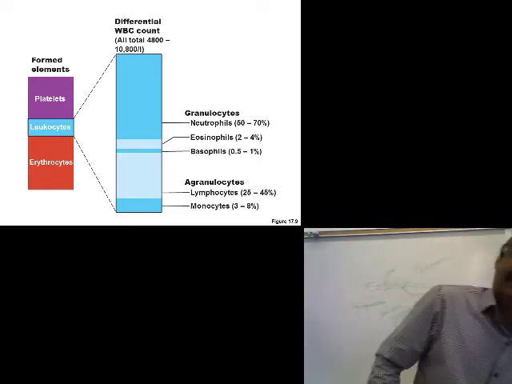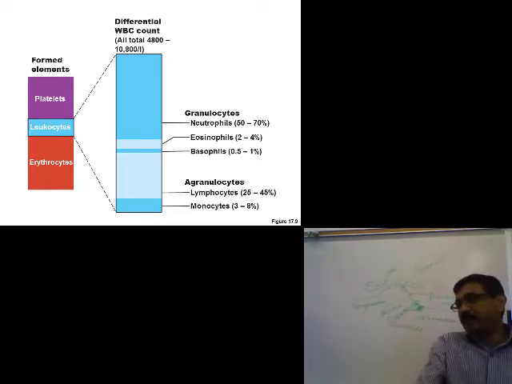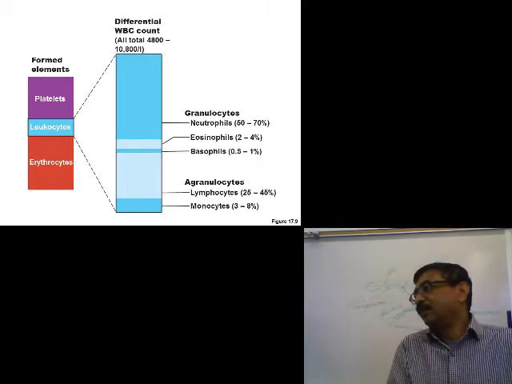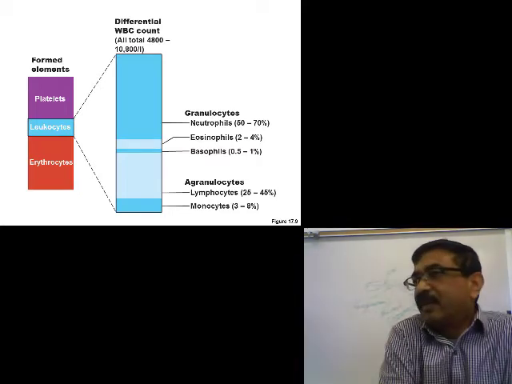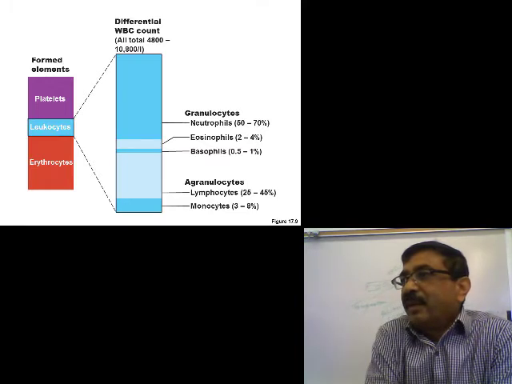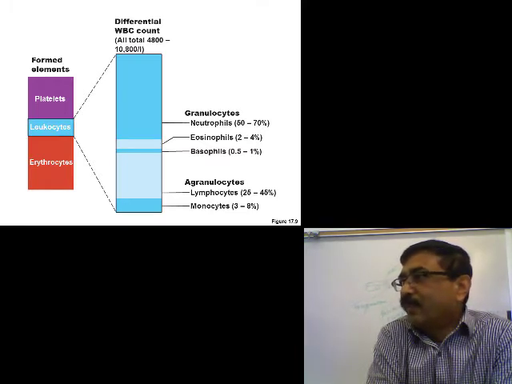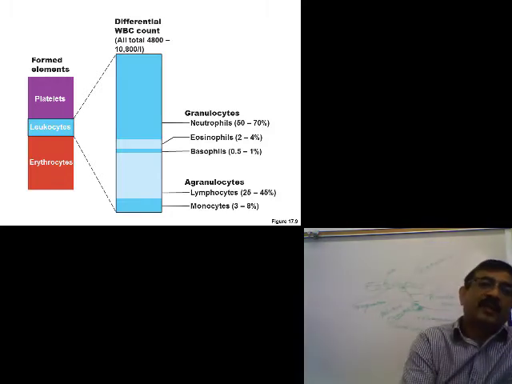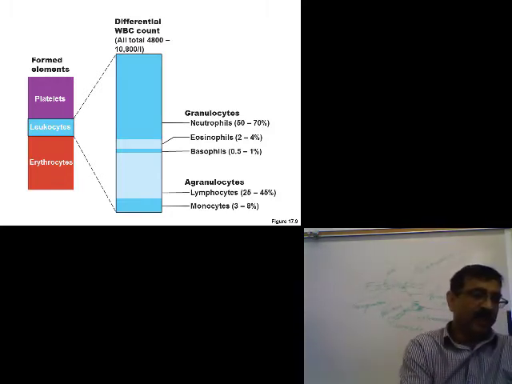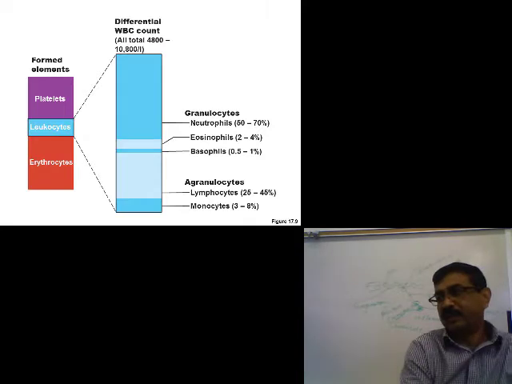So granulocytes are neutrophils, eosinophils, and basophils. Those are granulocytes. Agranulocytes are lymphocytes and monocytes.